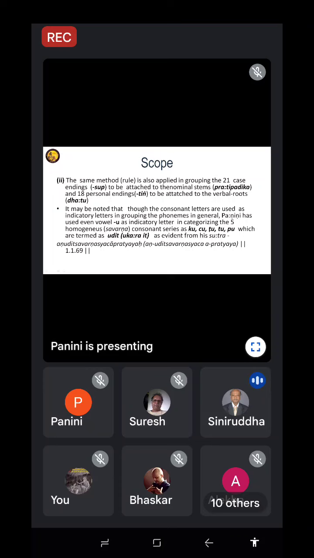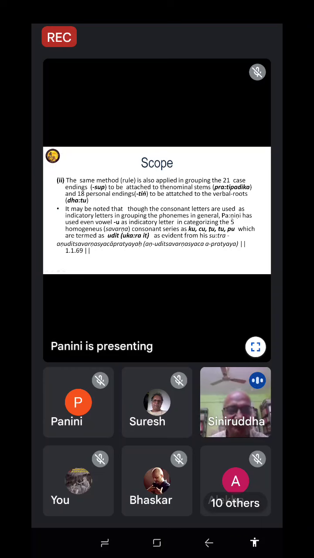We know so far. It may be noted that though consonant letters are used as indicator letters in grouping the phonemes in general, like ik, ac, hal, all are consonants. There is no vowel within the phonemic groups in the 14 Shiva Sutras; you get only consonants. But vowels are also sometimes used.